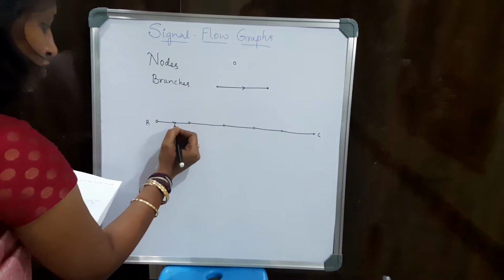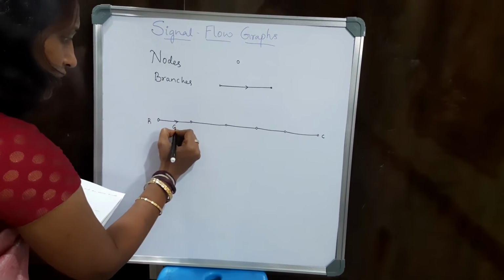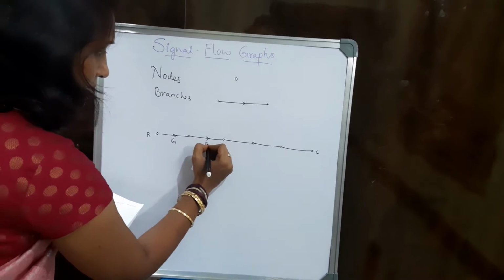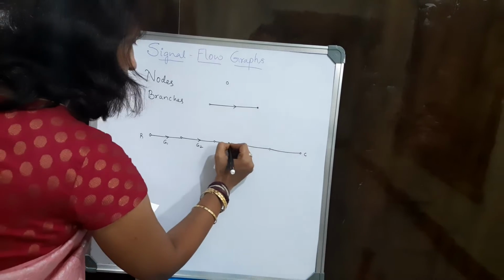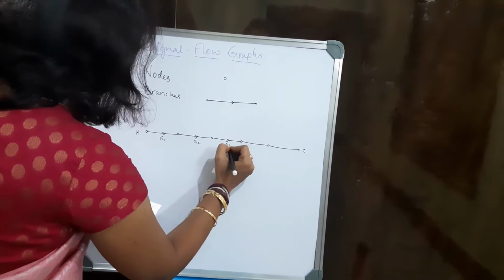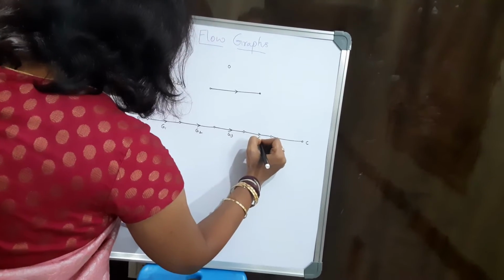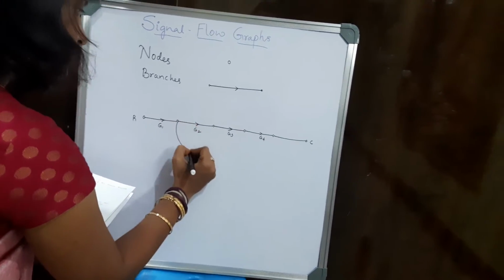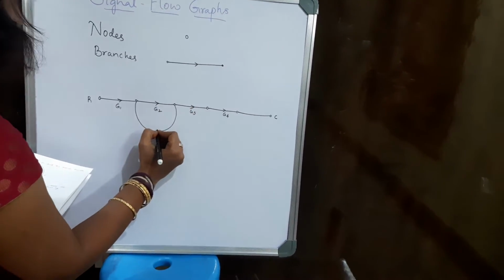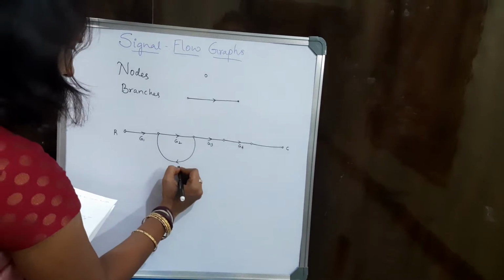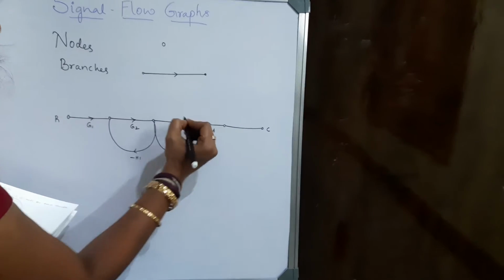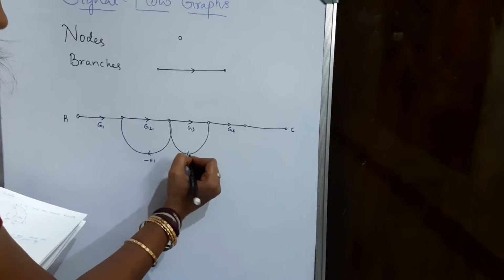These are the directions of the signals, indicated by the respective gains G1, G2, G3, and G4. This is how we represent a given system with just nodes and branches and arrow marks.